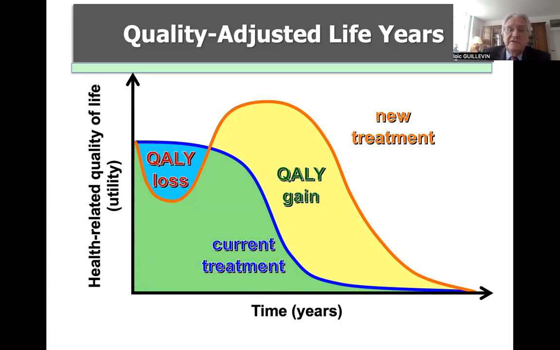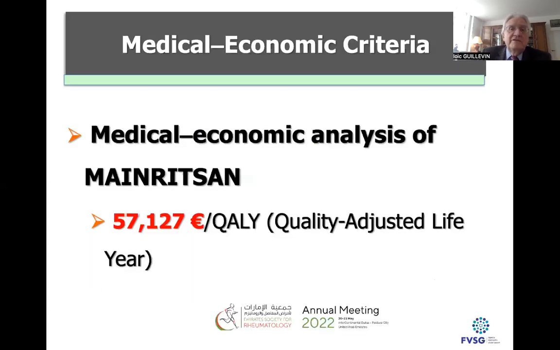And we have studied the medico-economical aspects with rituximab in the MAINRITSAN-1. The cost for 1 year treatment, combining everything, loss of work, hospital, drugs, and so on, nurses, it's approximately 57,000 euros. And it is considered by the European and American community to be a good quality.